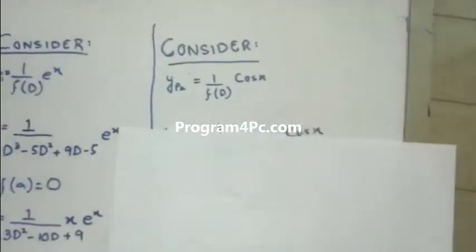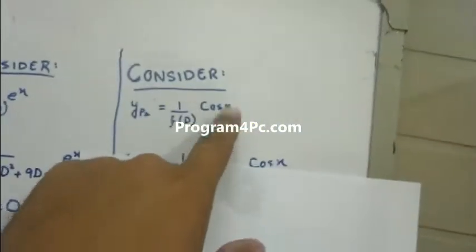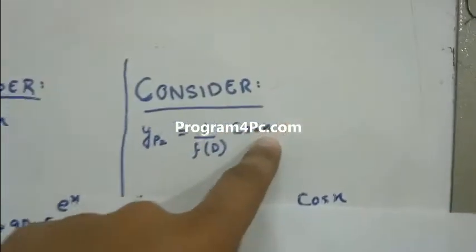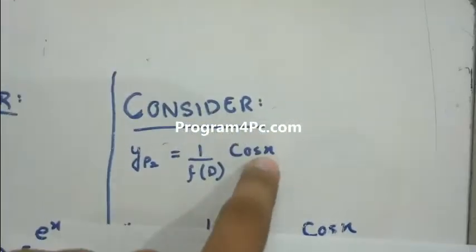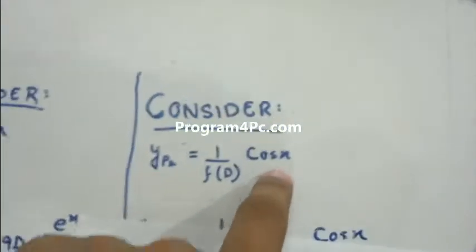What is a here? If nothing is written with x, then a is 1. So D square is replaced by minus a square, that is minus 1.